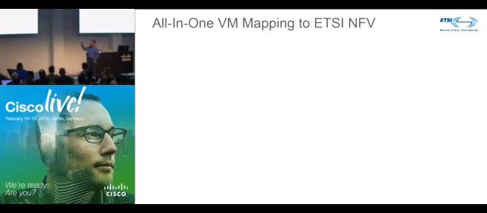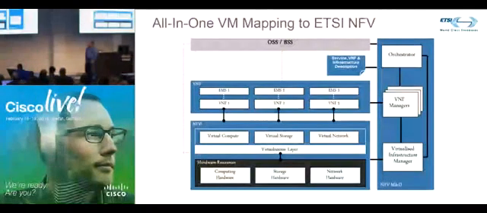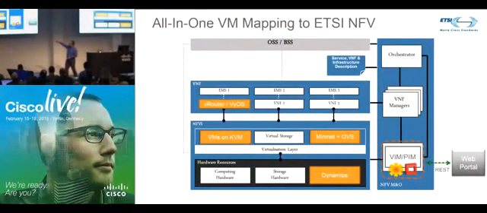Let's map the all-in-one VM into the SDN and NFV architecture. So the VMs on KVMs, that's the virtual compute, and the virtual network is the Mininet plus the Open vSwitch, right? And the Dynamips to simulate the physical network. Then that's the virtual router, the open source virtual router is the VNF.